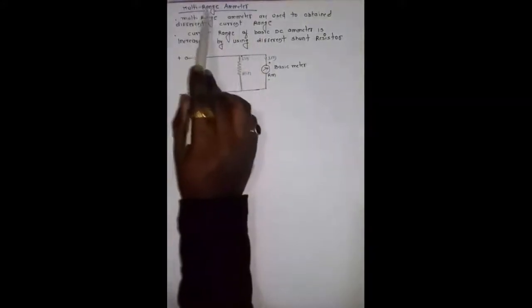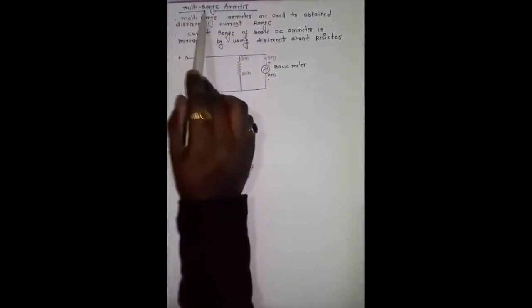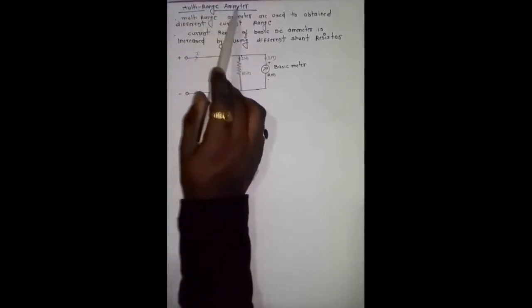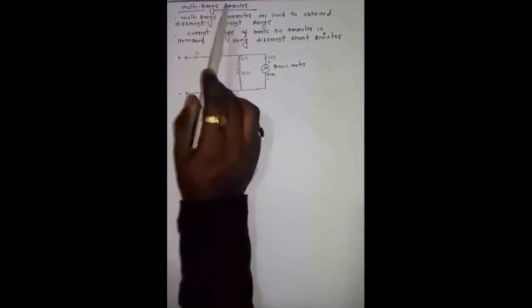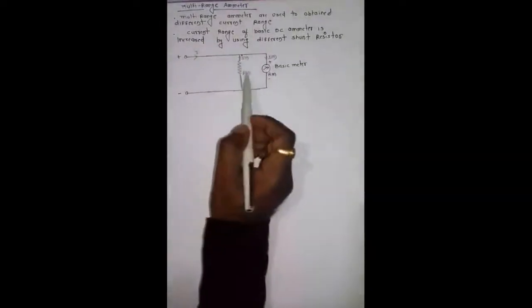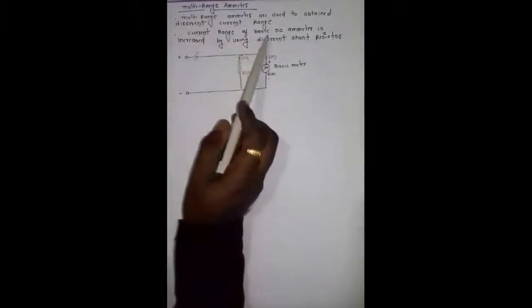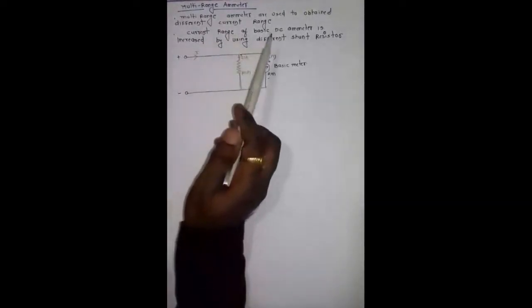Next is the multi-range ammeter. As its name indicates, multi means multiple. This type of ammeter is used to obtain different current ranges. Actually, it is a modification of the basic DC ammeter. The current range of the basic DC ammeter is increased by different shunt resistors.